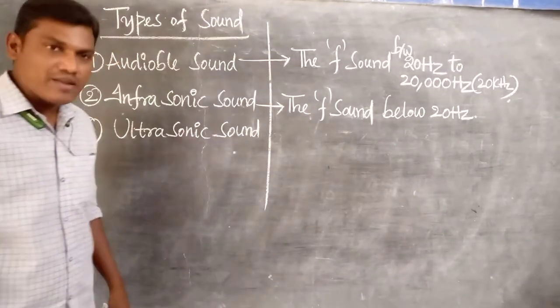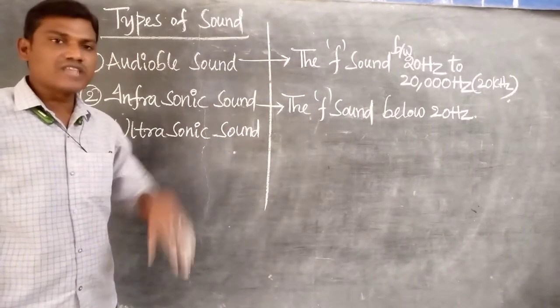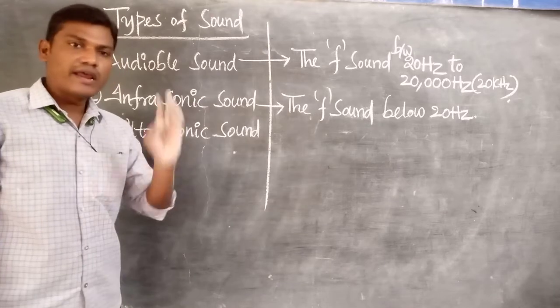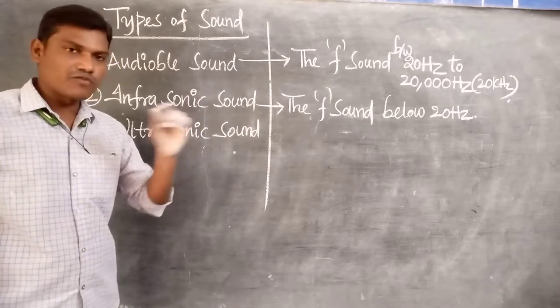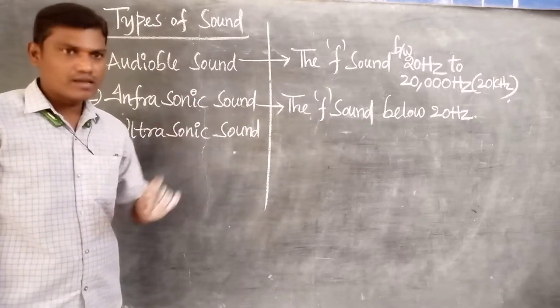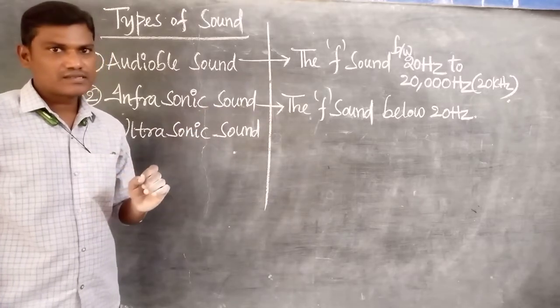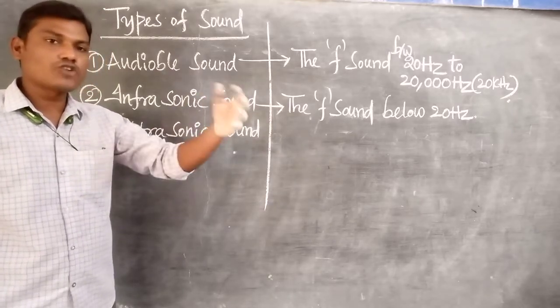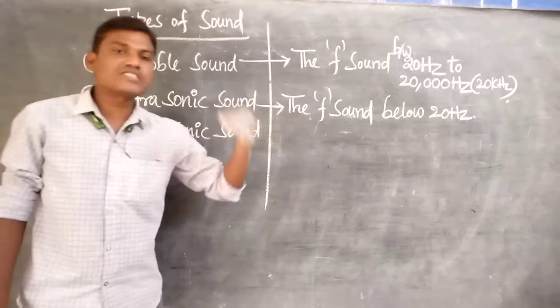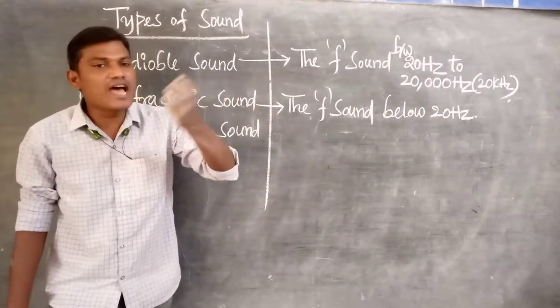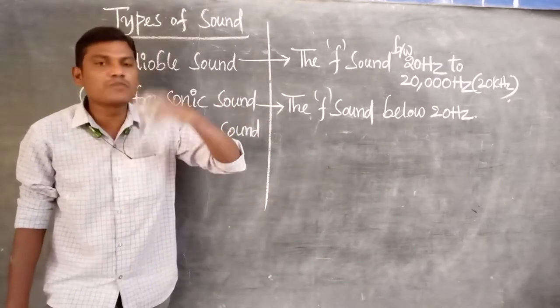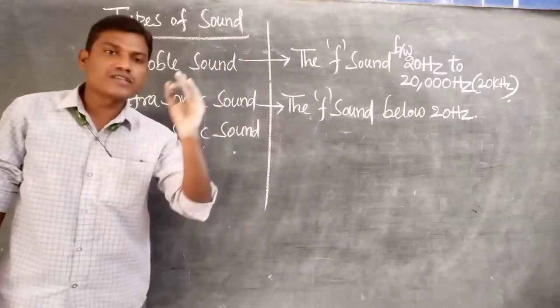So which animals produce and receive infrasonic sounds? Elephant, giraffe, rhinoceros, rabbit, tortoise or turtle. These are the best examples of animals that produce and receive infrasonic sounds.